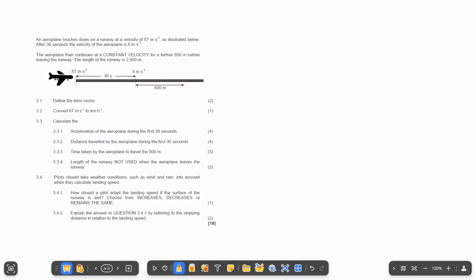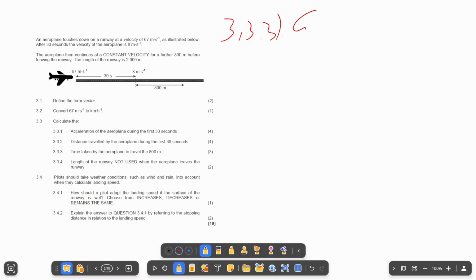During this motion, let me write here, this is 3.3.3. Now, what we are given here is the last stretch, no? This last stretch.